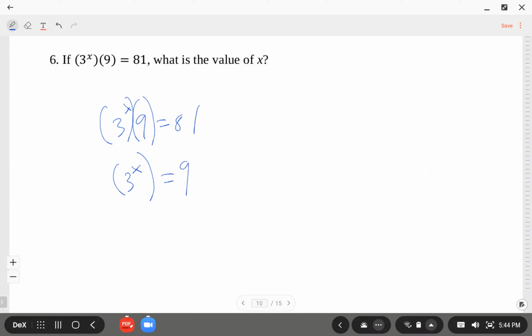And then, 3 to the what power equals 9? It's going to be 3 squared, right? Common sense. 3 squared equals 9. So x will be 2, because 3 raised to the second power equals 9. So our answer here will be 2.